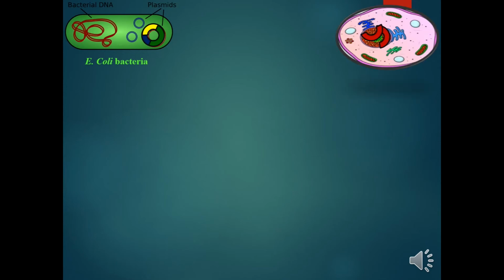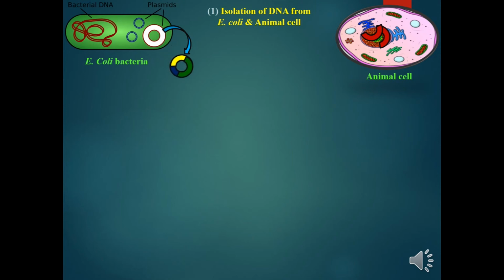Now we will take an animal cell. We will transfer the gene of the animal cell to the DNA of E. coli. So first step, isolation of DNA from E. coli and animal cell. Now we will do that. Here we have isolated plasmid, that means DNA plasmid from bacteria.